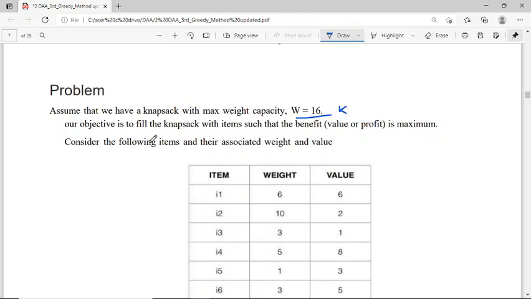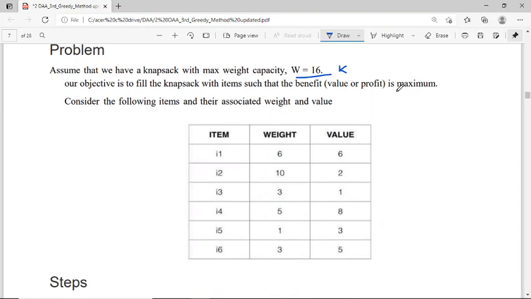Our objective is to fill the knapsack with items such that the benefit, value or profit is maximum. Three things are there. First is the item, represented as I1, I2 and I3. How many items are there? N is equal to 6: 1, 2, 3, 4, 5, 6. I have 6 items.